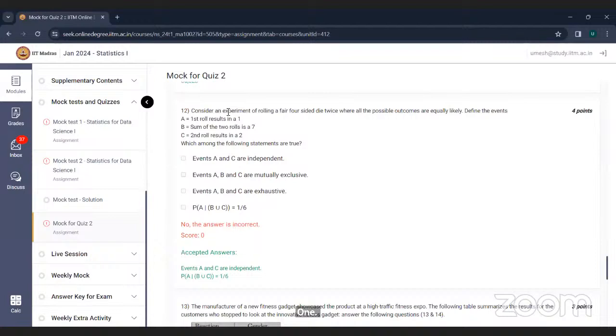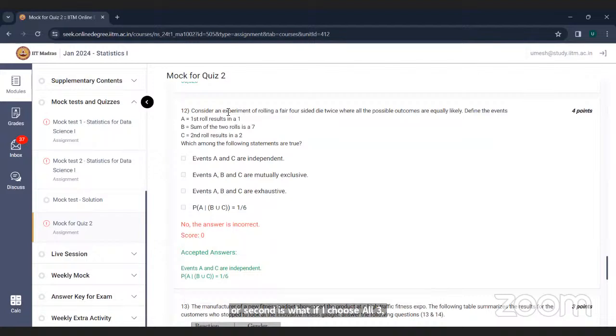Now the second option is that they are mutually exclusive. What do you mean by mutually exclusive? If I pick any two, A and B, A and C, firstly they are disjoint, and second, if I choose all three, their intersection is also empty, no element is common.